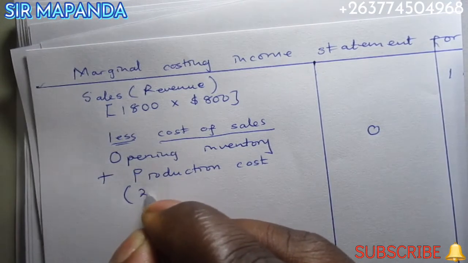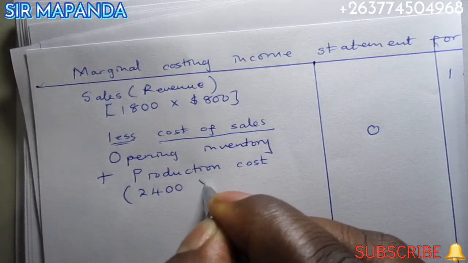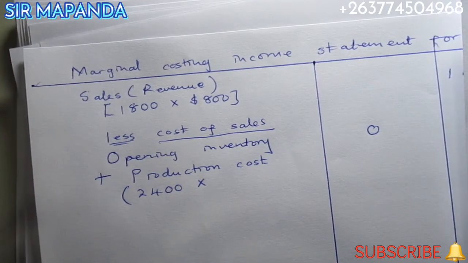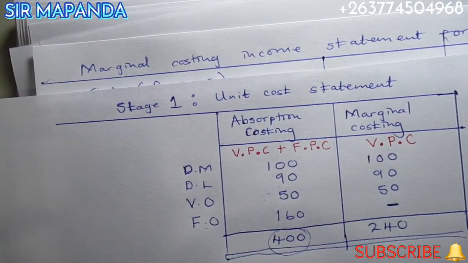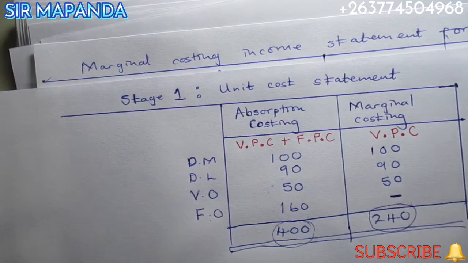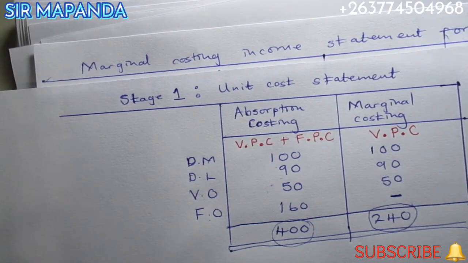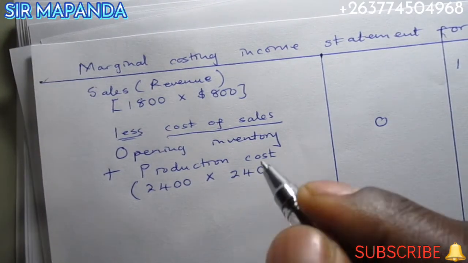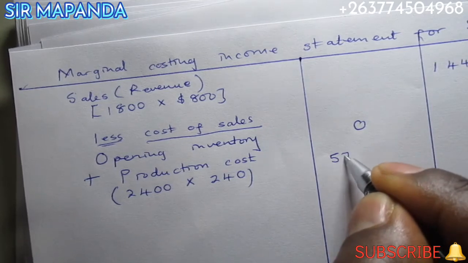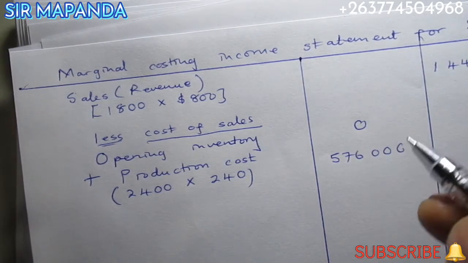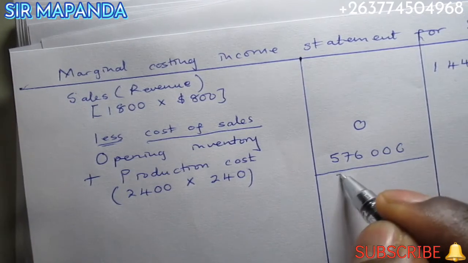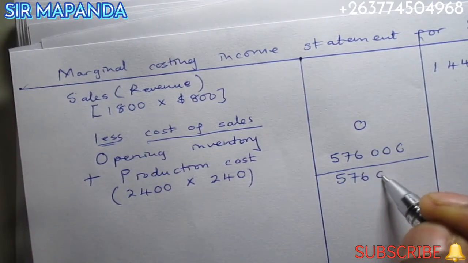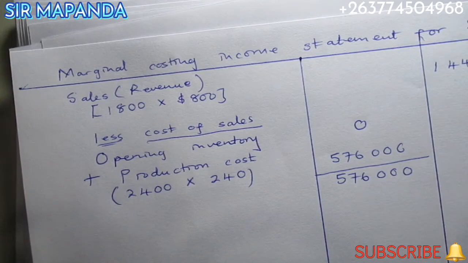So I'm going to write 2,400 here. These are units, right? To convert these units into monetary value, you then refer to stage 1, which is the unit cost statement. In the absorption costing income statement, we used the 400. But this time around, we are using 240, since it is the unit cost under marginal costing. So I'm going to multiply 2,400 by 240. So you write 576,000 here. Add it with the 0. You still get 576,000. I hope you are following, class, right?